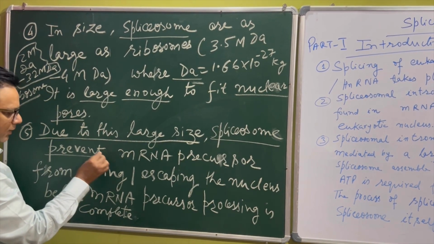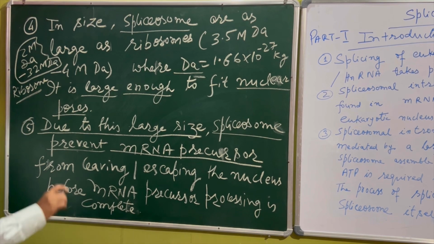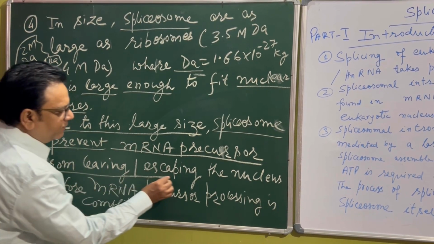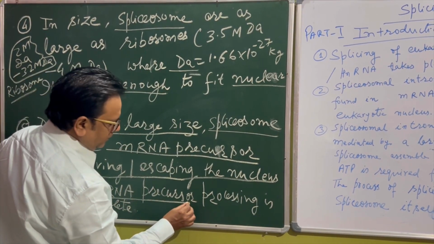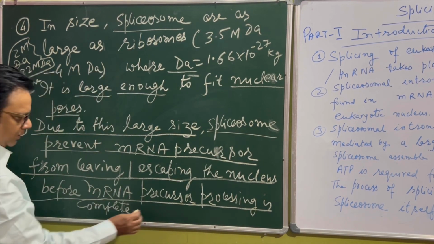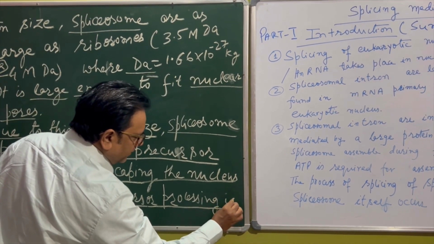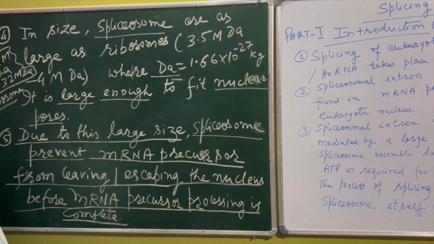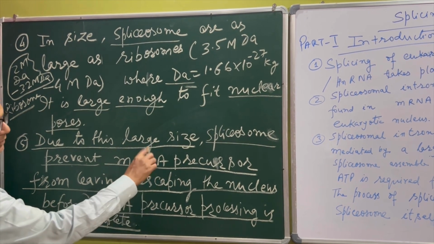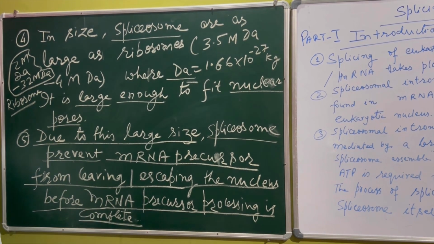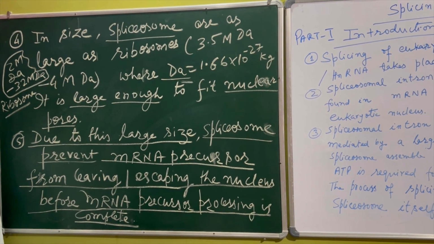It prevents the mRNA precursor from leaving or escaping the nucleus before the processing of the mRNA precursor is complete. That is, the mRNA precursor processing is completed due to the large size of the spliceosome, which prevents the precursor mRNA from leaving the nucleus.